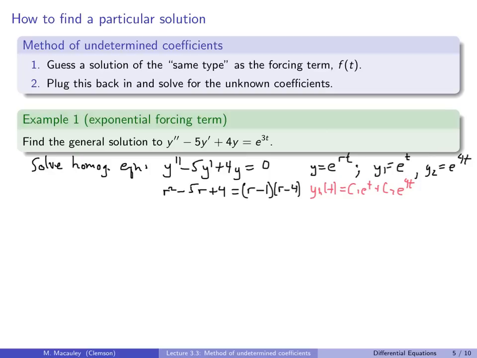So let's guess that there's a solution yp of t equals a e to the 3t. And then if that's true, then the derivative of that, yp prime, equals 3a e to the 3t, and yp double prime equals 9a e to the 3t.